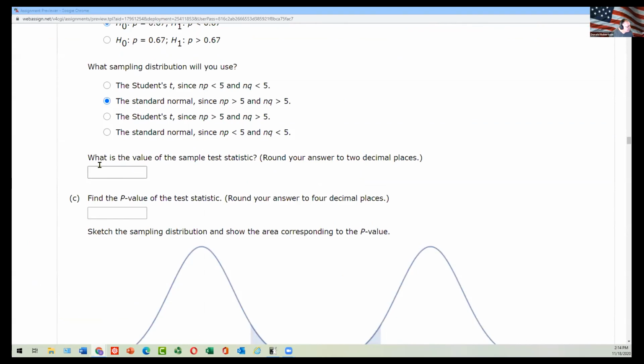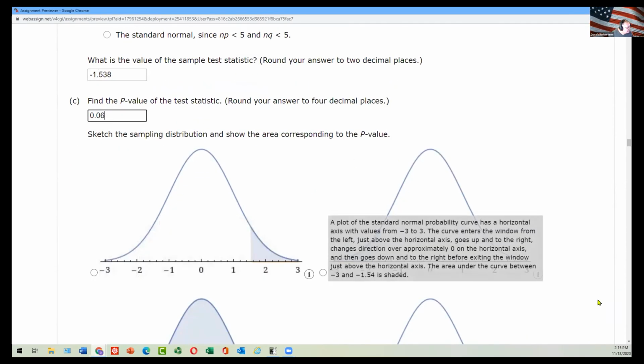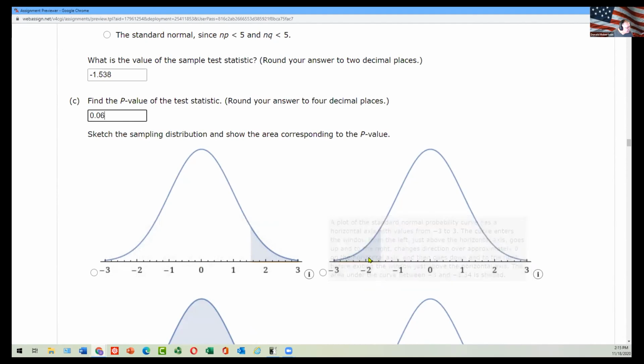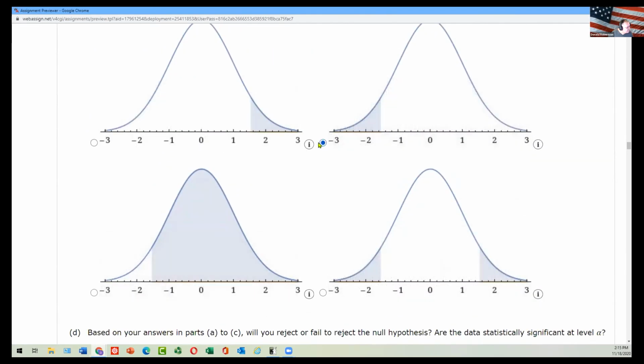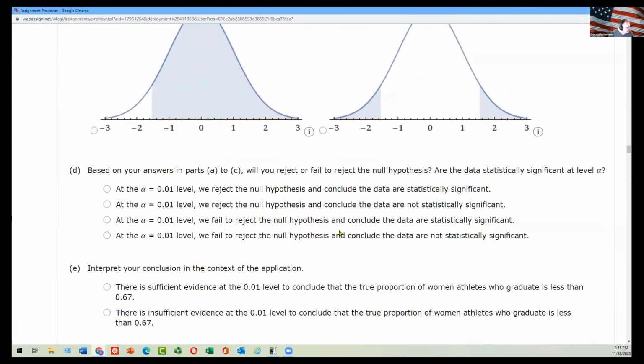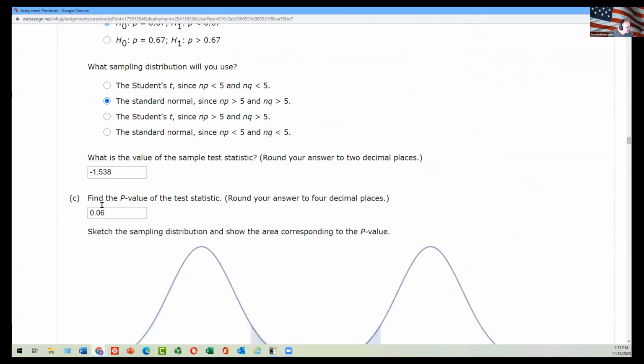So I will go here and tell you that the z-score is negative 1.538, and the p-value is 0.06. Now, as a picture, we're looking for a less than. Correct, I should say. So it's that one. Okay. Is this p-value less than 0.01?